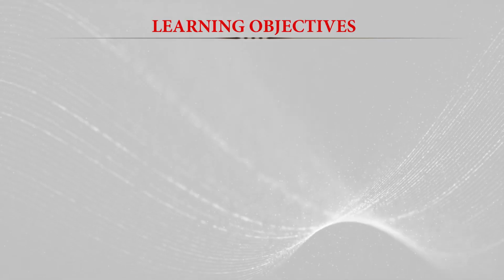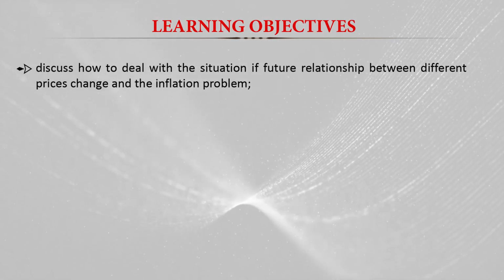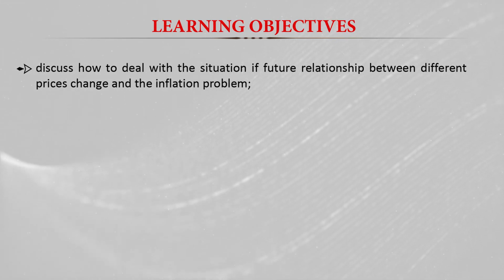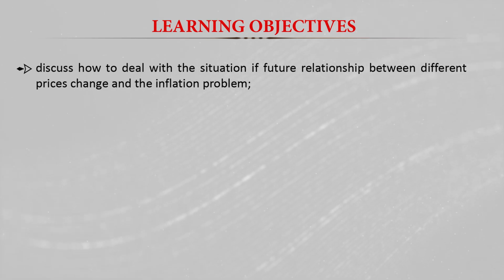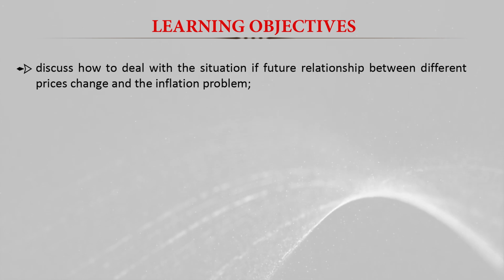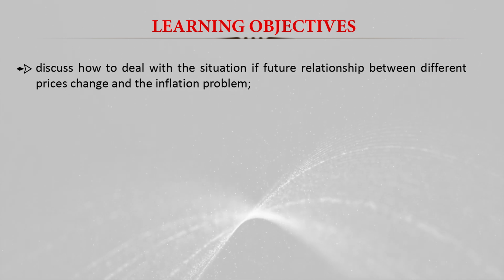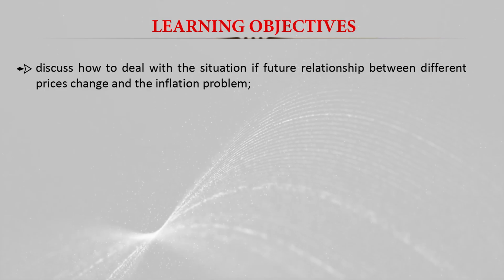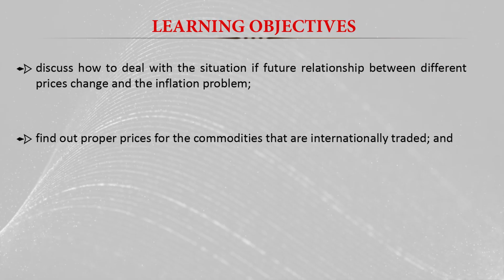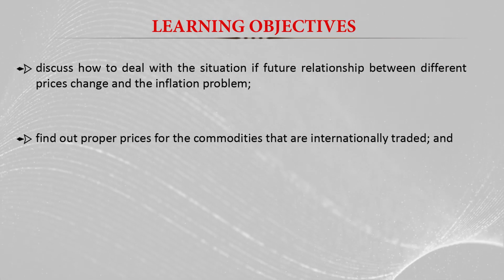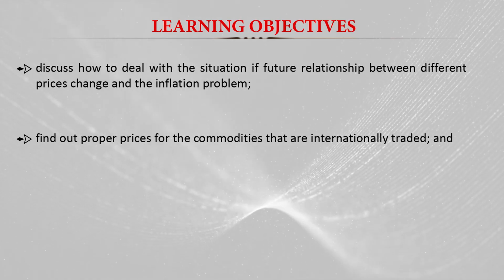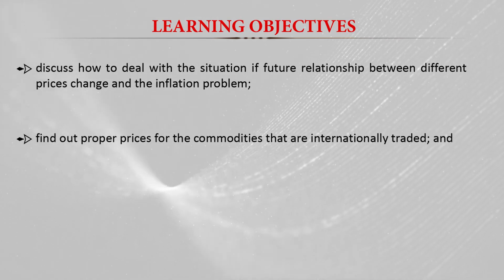The learning objective of this session is to discuss how to deal with the situation if future relationships between different prices change and the inflation problem is there. These are the price relations of different commodities, like the relationship between the prices of inputs and outputs. We will also discuss how to find the proper prices for commodities that are internationally traded, that is, for import and export commodities.